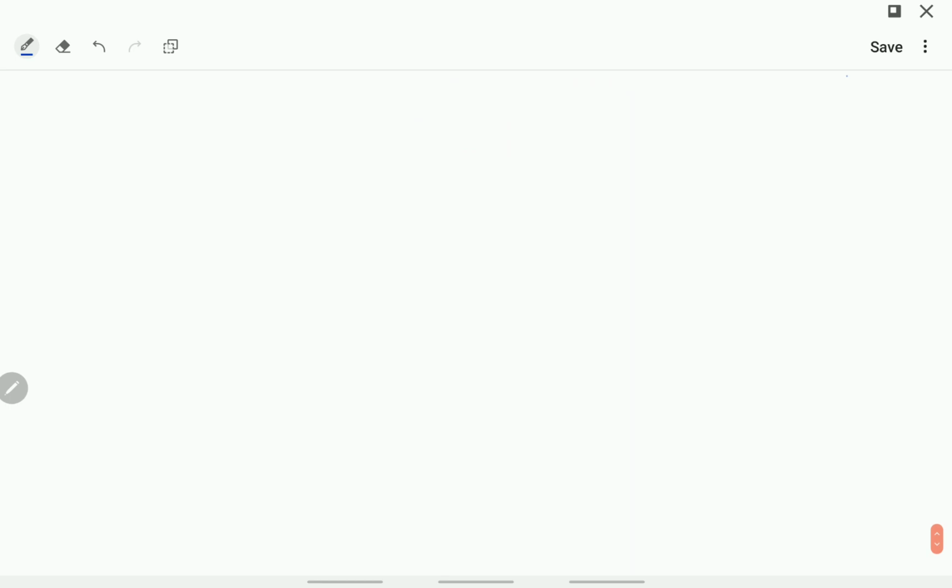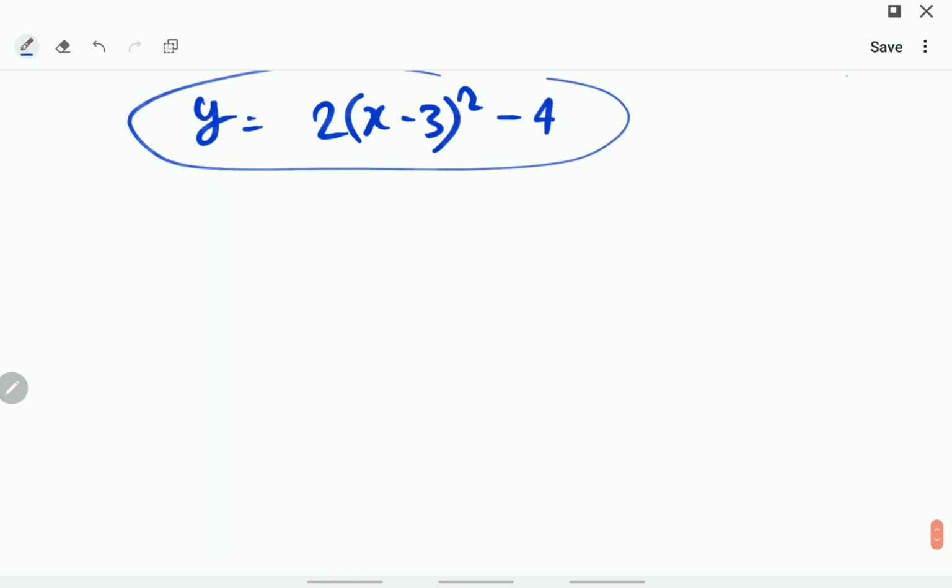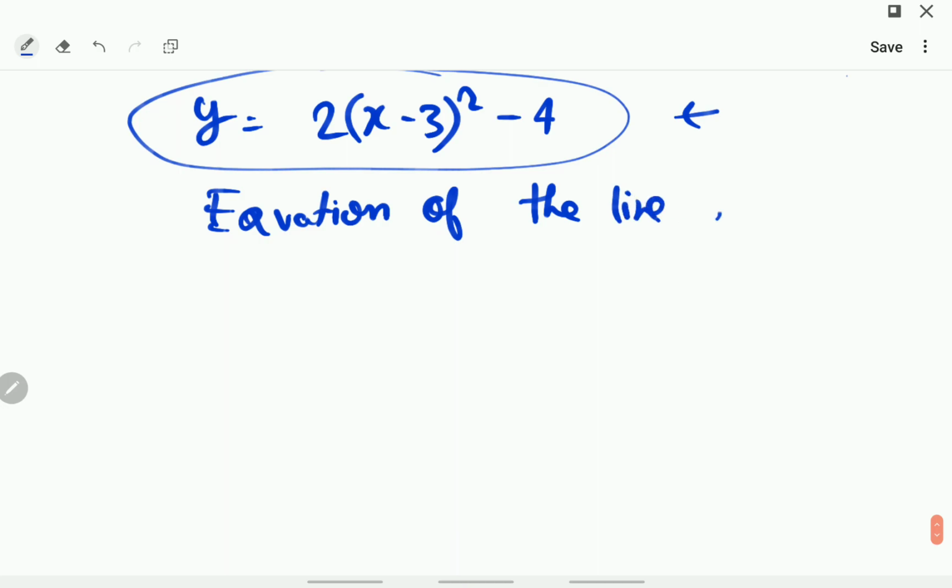So now that we know what a is equal to, and what the vertex is, we can come to the conclusion that y is equal to 2(x minus 3) whole squared minus 4. So that is the equation of the parabola in vertex form.